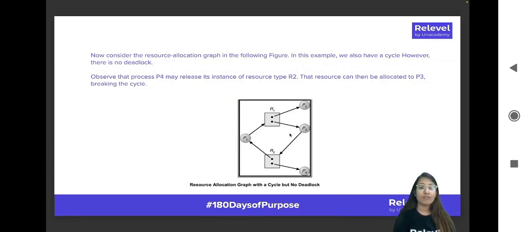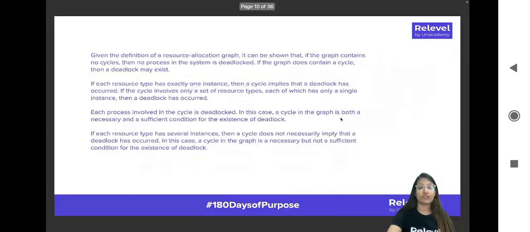Try to make one from different situations, and then see whether you can detect a deadlock or not. And please remember all the necessary conditions. Slide number 10 talks about very important and deep points about resource allocation graphs and what conclusions you can draw from it.